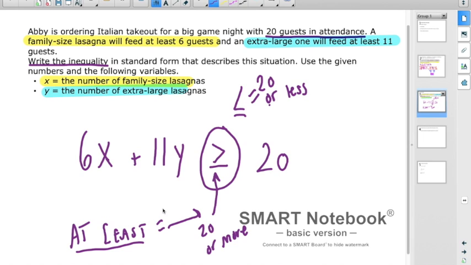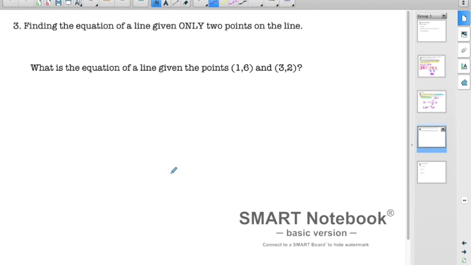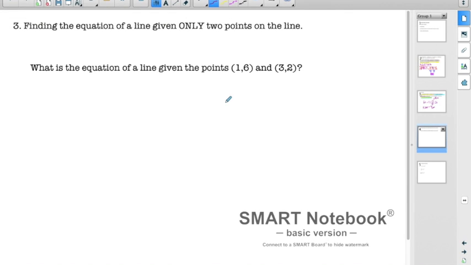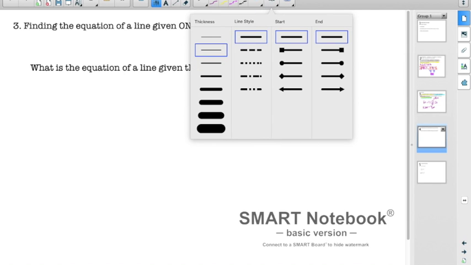Okay, let's go through another example. Finding the equation of a line given only 2 points on that line. So, we have this example. What is the equation of a line given the points 1, 6 and 3, 2?